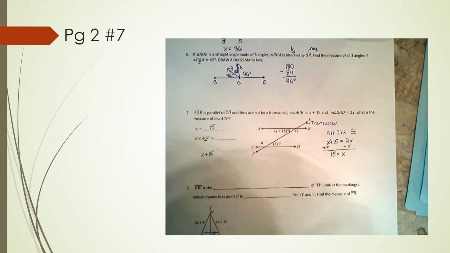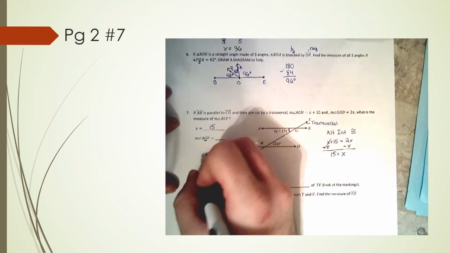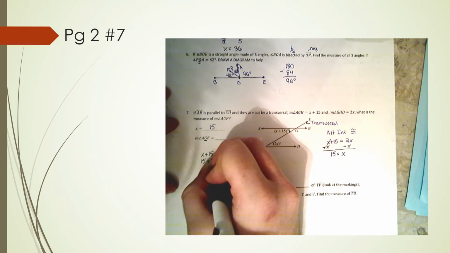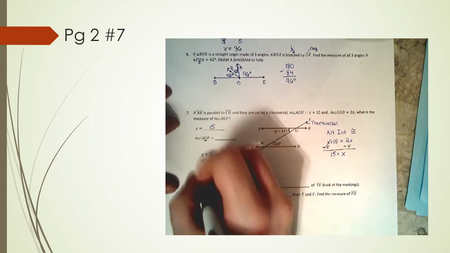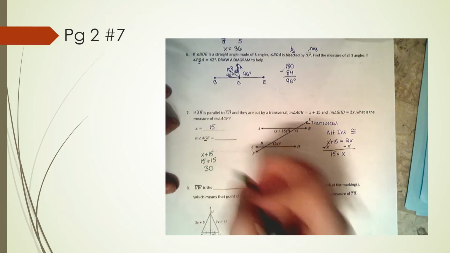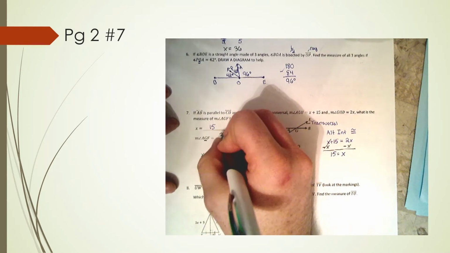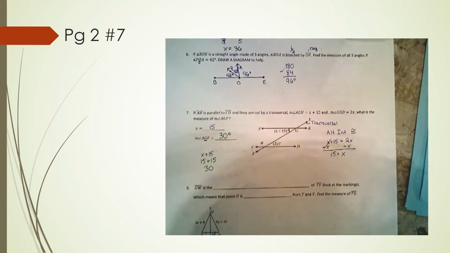But instead of x, we now know that we can substitute 15 in there. So I have 15 plus 15, which equals 30. So that means AGF is 30 degrees.